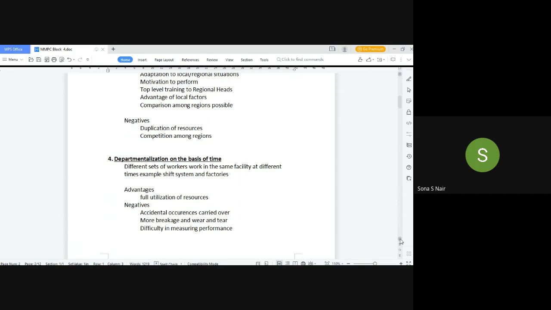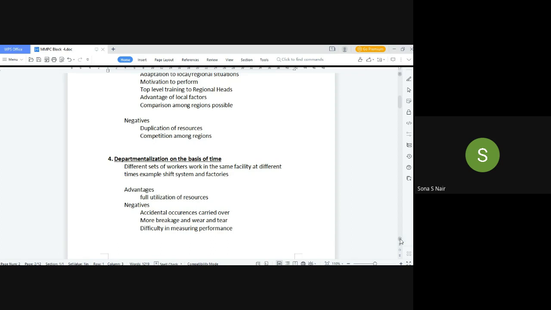So when we want to utilize capital to the fullest, we can even have a departmentalization on the basis of time, and we can have different sets of workers come in the same facility at different times, where you're going to utilize the machinery fully, because for 8 hours one shift comes in, the second shift comes in the next 8 hours, and the night shift comes in another 8 hours. So for the 24 hours we are utilizing our capital and our machinery completely. We don't have any underutilization of resources.